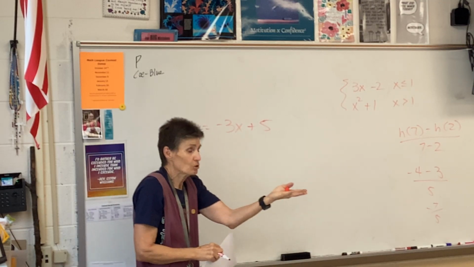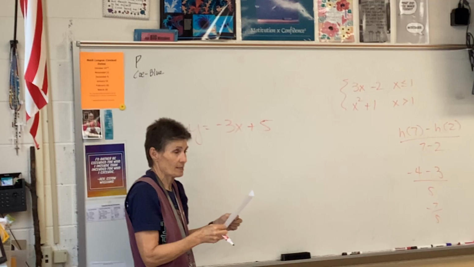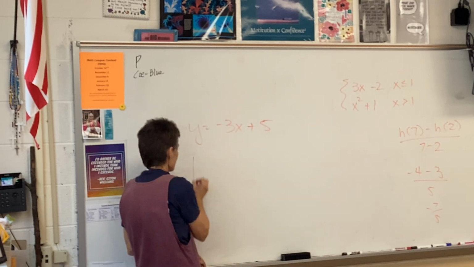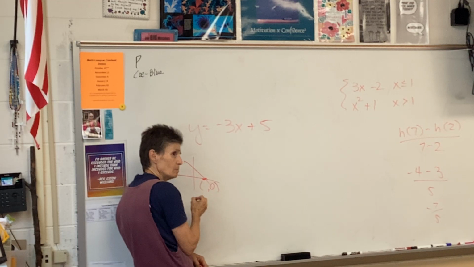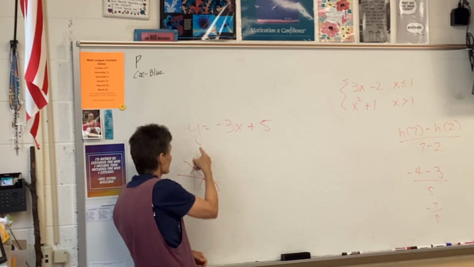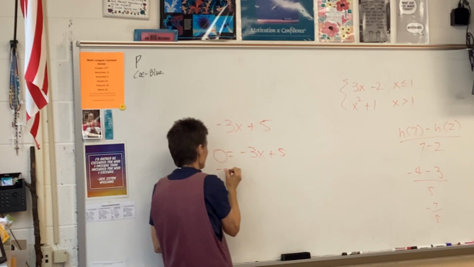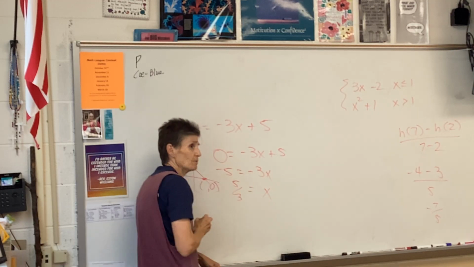They handed it to me. Now, what is the x-intercept? Well, how do I find it? X-intercept means y is 0. So we put in 0. And it looks like my x-intercept is 5/3.